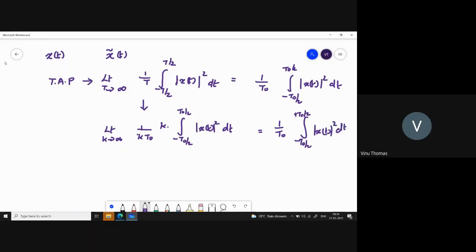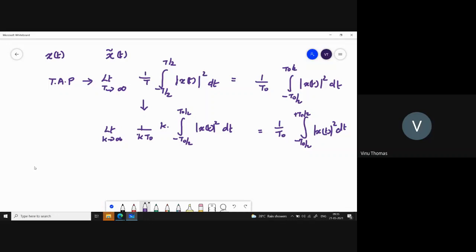So that is a very important result. It gives you the result that the total average power for any periodic signal can be evaluated as 1 by T0 integral from minus T0 by 2 to plus T0 by 2 of modulus of x of t whole square dt. So what does that give you?